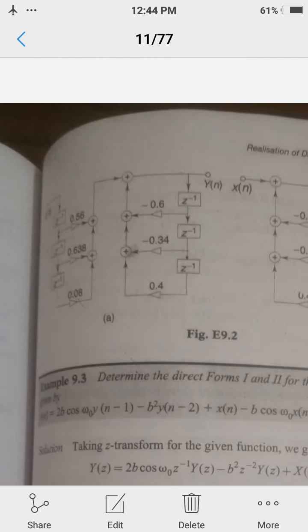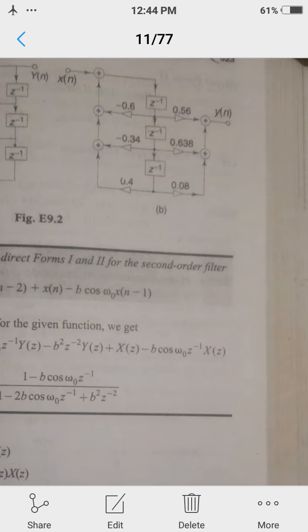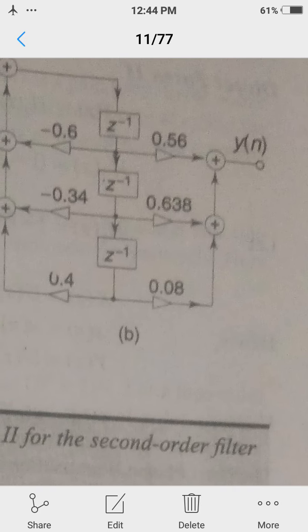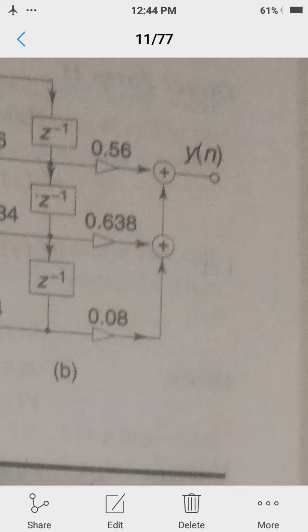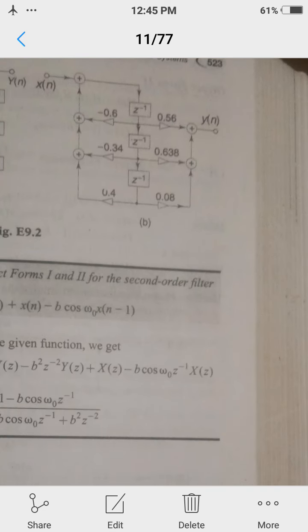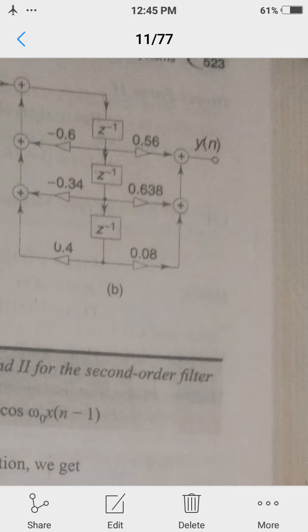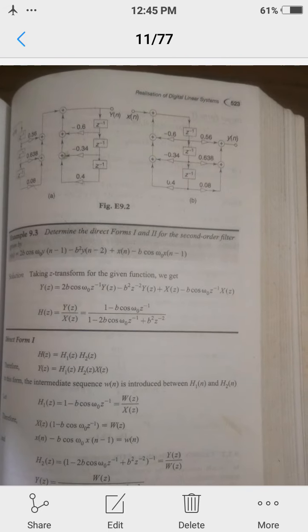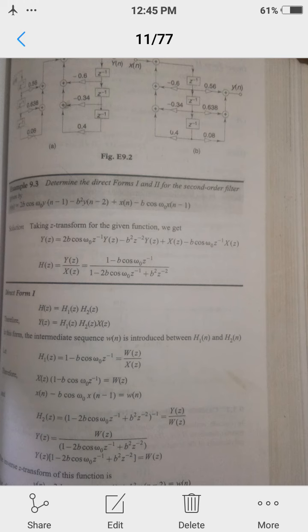This is direct form 1, and here in direct form 2 these are the poles and these are the zeros: 0.6, then 0.34, then 0.4, and here are the values 0.56, then 0.638, and then 0.08. These are the multiplication factors, and delays have been shown here. So in this way we realize direct form 1 and form 2.